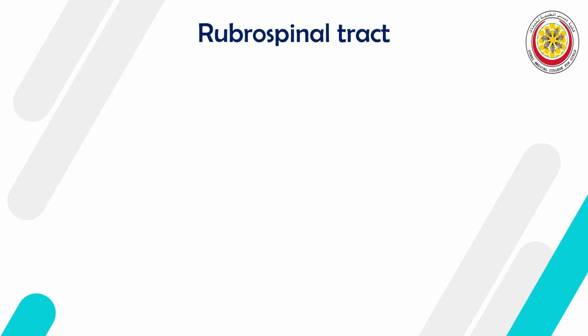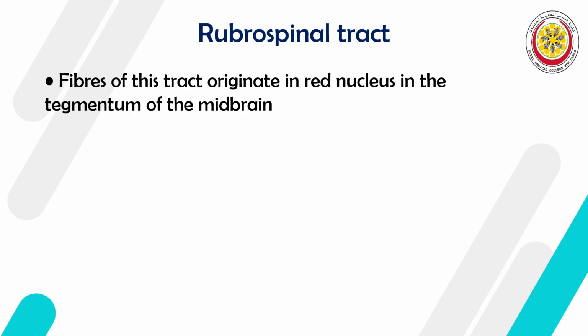The rubrospinal from the red nucleus. What is this red nucleus? You studied the anatomy of the midbrain. That was a very large red nucleus because of the iron deposited in it. It is reddish. So what does it do? What are the connections of the red nucleus?